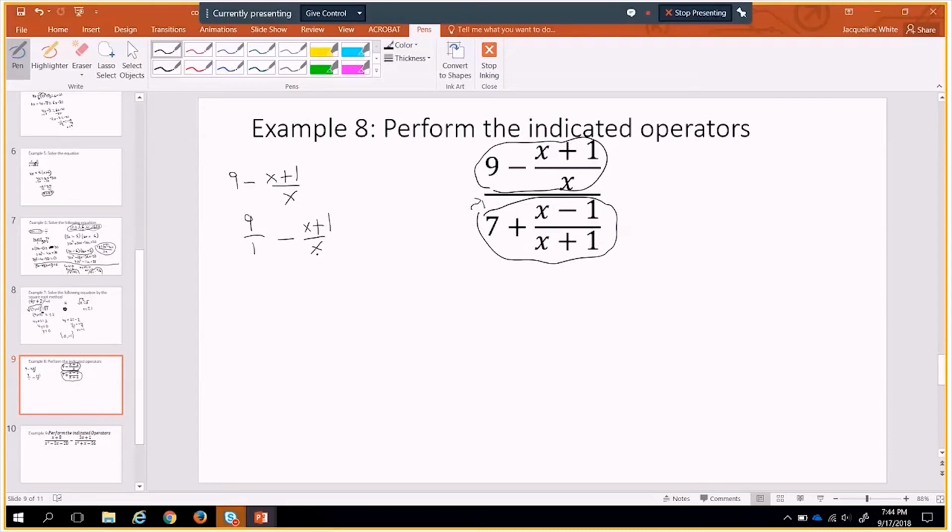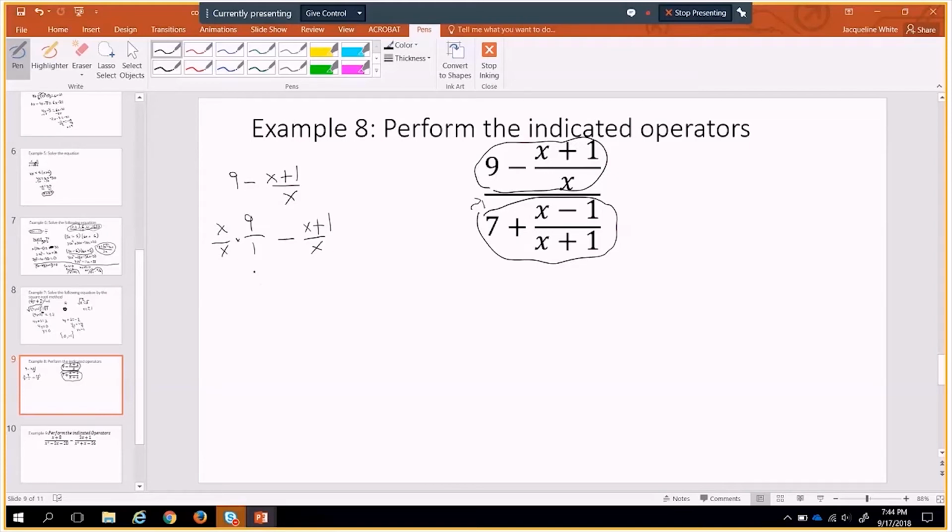What do we know about subtracting fractions? The only way in which you can do it is if they have the same denominator. But this guy does not have the same denominator as this. So what is it missing? It's missing an x. So we multiply an x on the top and the bottom of this guy to have the same denominator so we could use this operator.